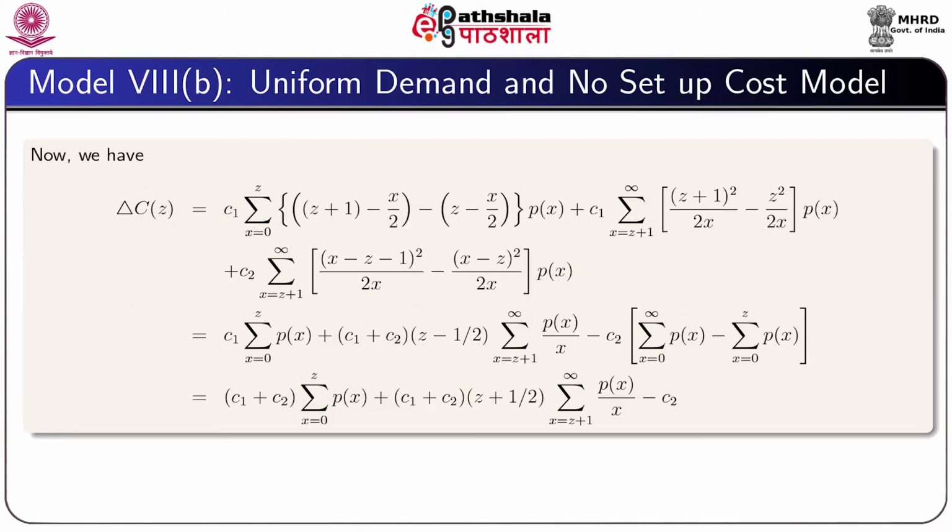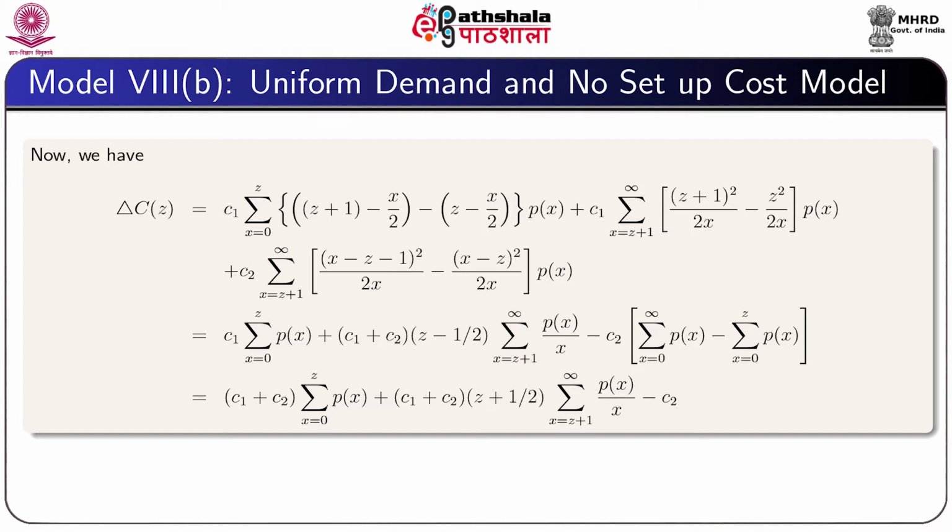Therefore, we can find now the difference delta C(z) is equal to C1 into summation x equal to 0 to z of ((z plus 1 minus x) by 2 minus (z minus x) by 2) whole into p(x), plus C1 into summation x equal to z plus 1 to infinity of ((z plus 1) whole square by 2x minus z square by 2x) whole into p(x), plus C2 into summation x equal to z plus 1 to infinity of ((x minus z minus 1) whole square by 2x minus (x minus z) whole square by 2x) whole into p(x).